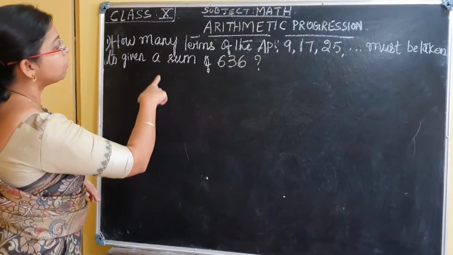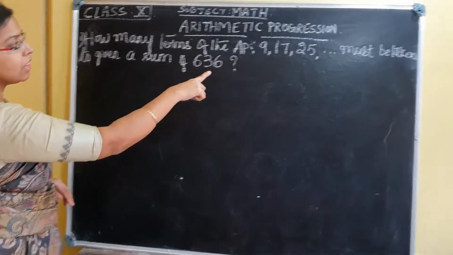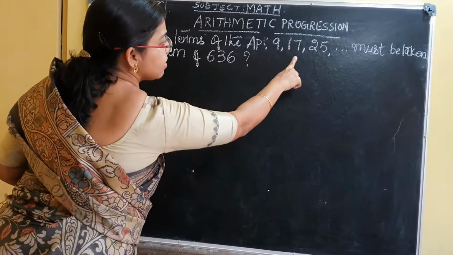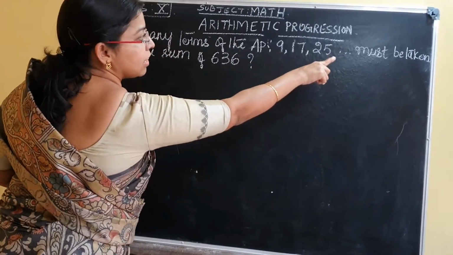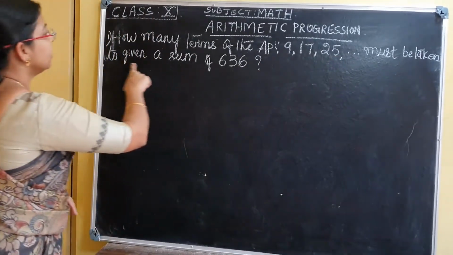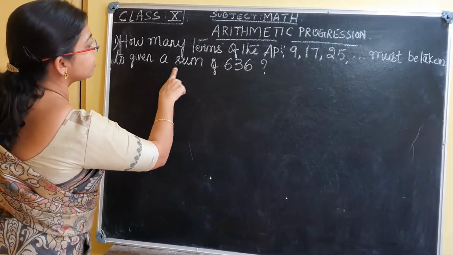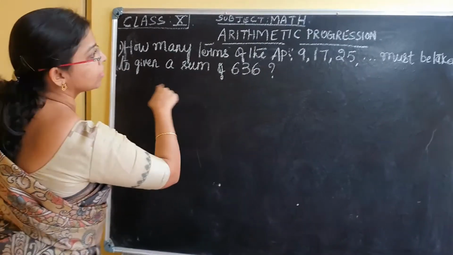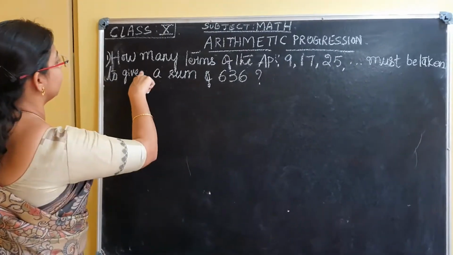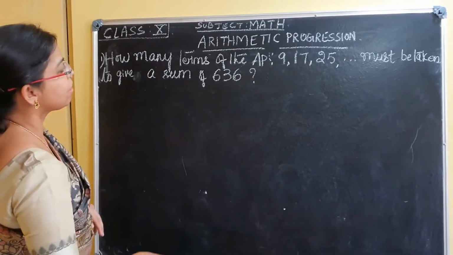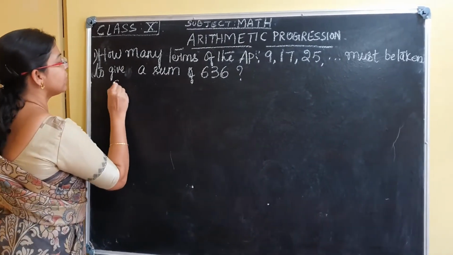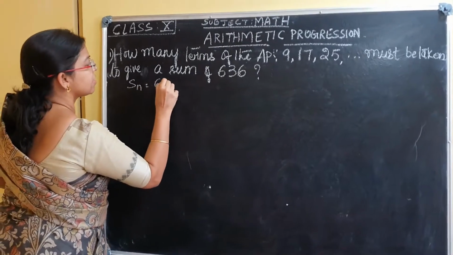Here in this problem, how many terms of the AP 9, 17, 25 and it goes on, must be taken to give a sum of 636? So they have given the sum as 636.